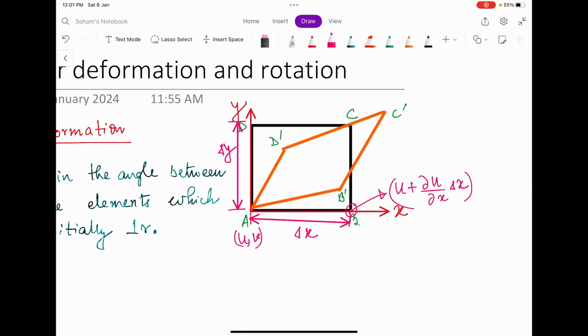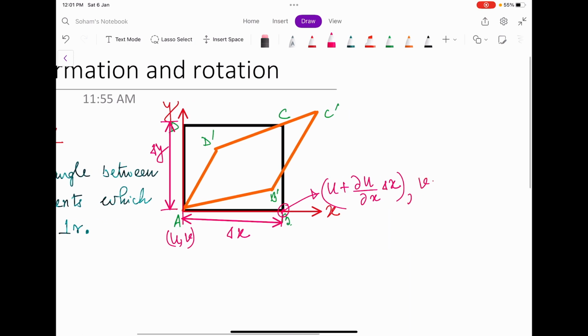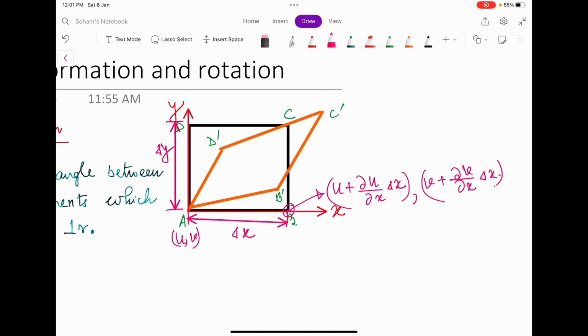So at point B, the x component of velocity is this, and the y component of velocity is v plus del v del x into this, right?